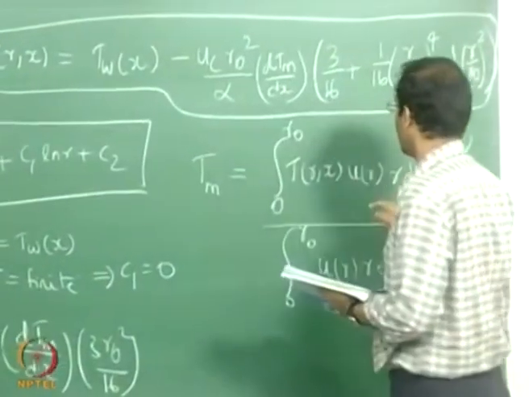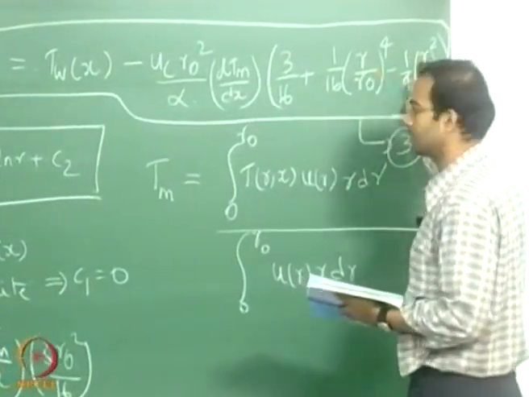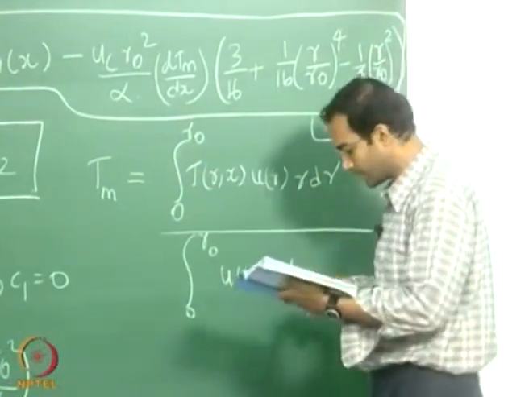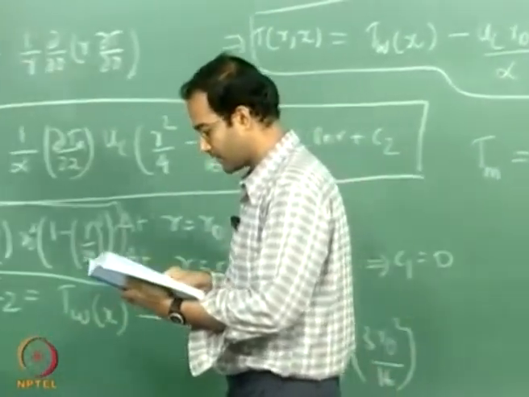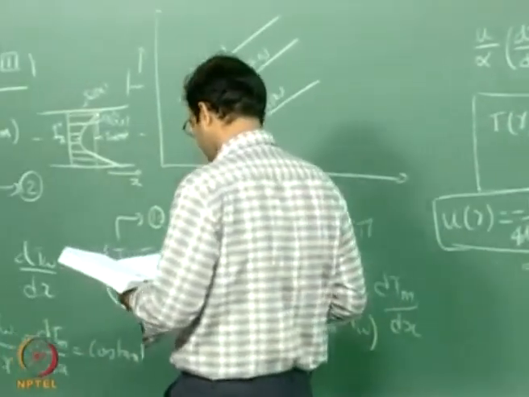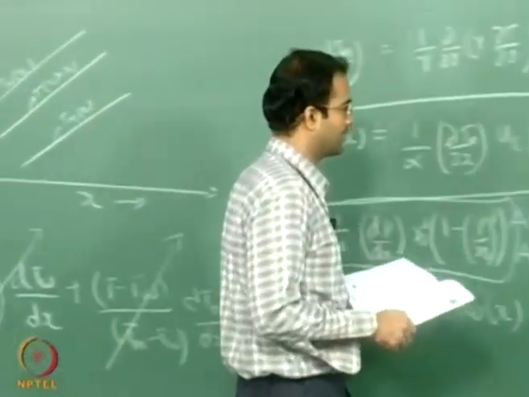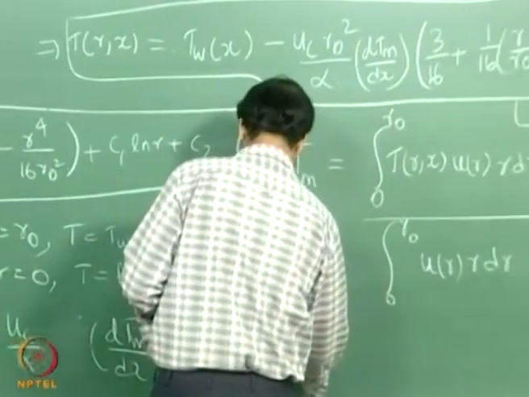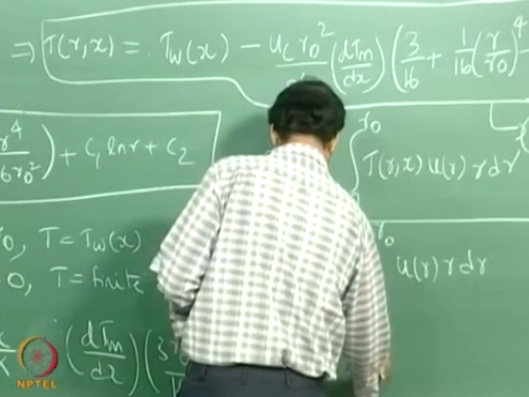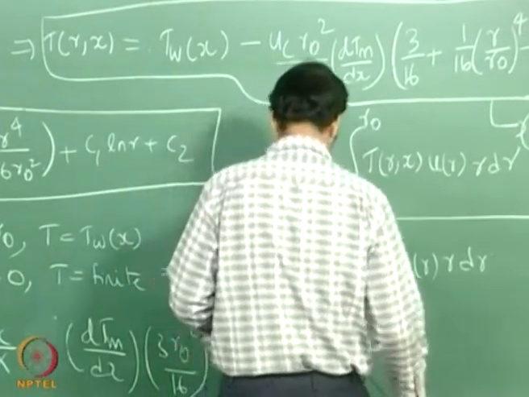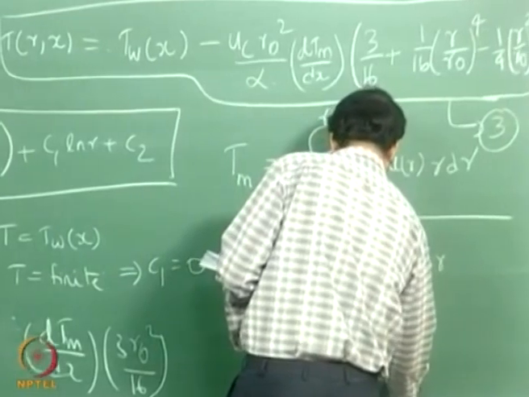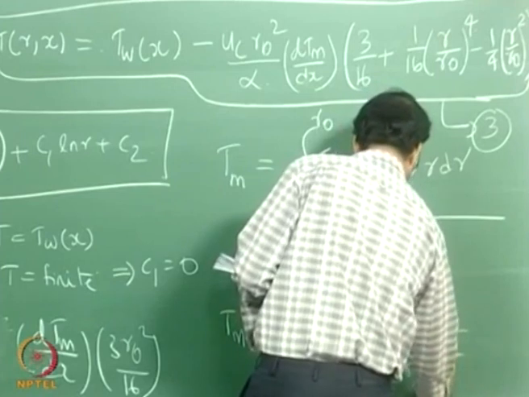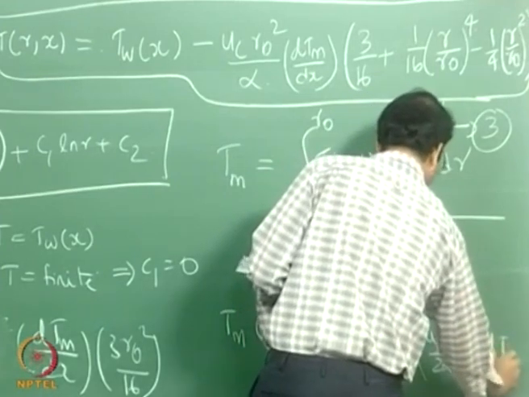So therefore you will have to integrate this with respect to r, you have to multiply all the terms with respect to r and then integrate it. It is a little bit lengthy integration which I am not doing. If you find it too difficult, you can also use Mathematica to do the integral, but finally the expression for Tm comes out as T wall of x minus 11 by 48 into UC r naught square by 2 alpha into dTm by dx.